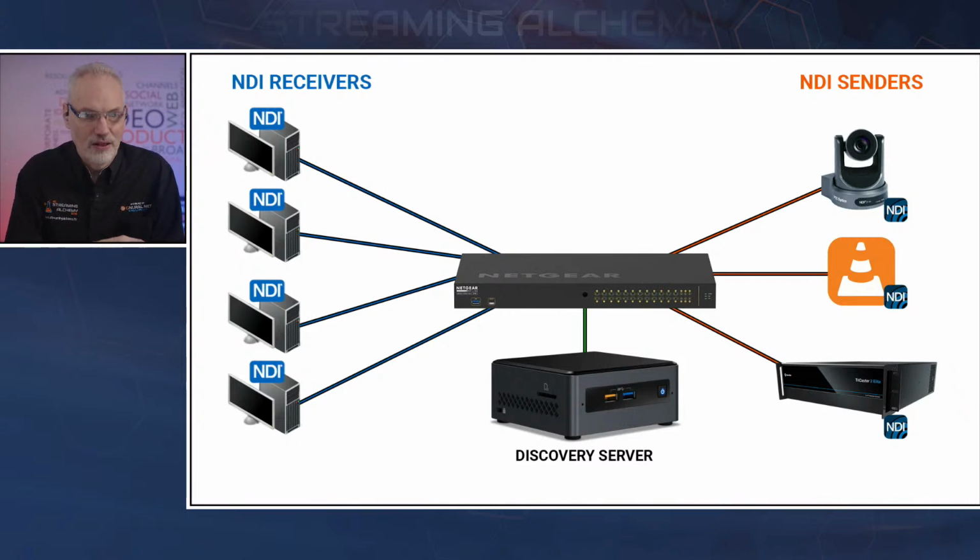Discovery Server eliminates any of those problems. You basically run Discovery Server up in the cloud, and every system on that virtual private cloud will be able to discover the NDI sources pretty much seamlessly. So it's an incredibly important thing for anybody doing cloud-based production leveraging NDI.